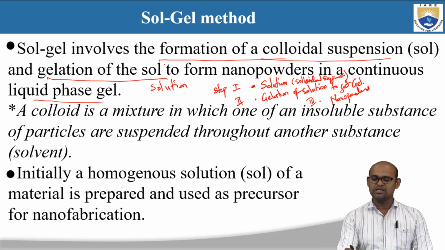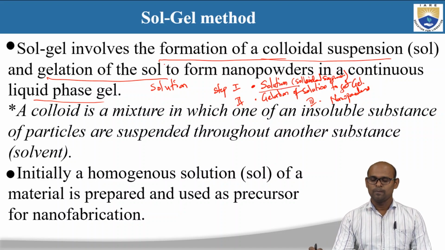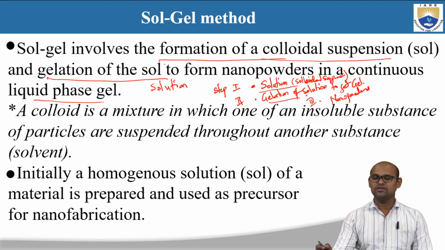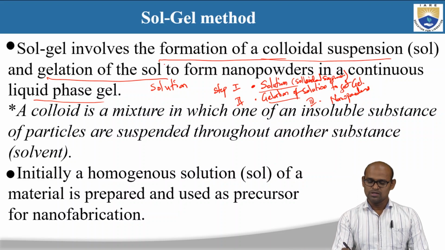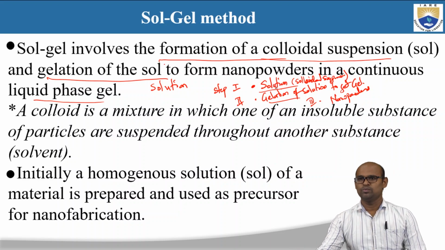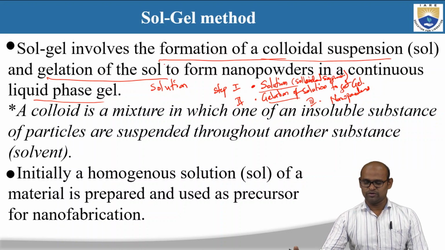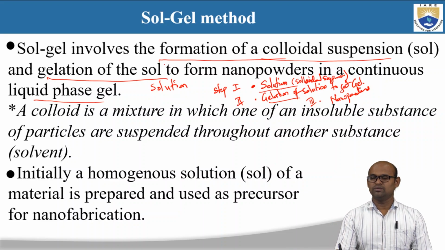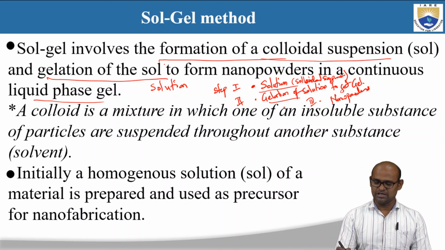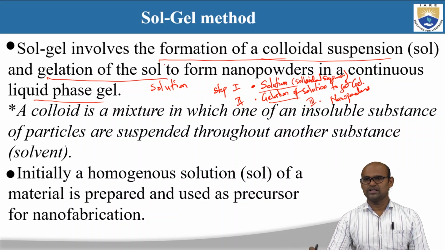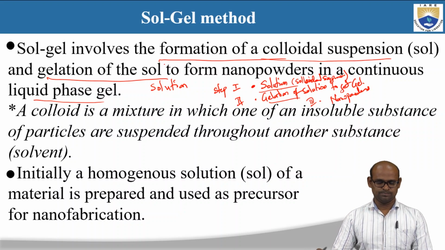The second step is waiting for the formation of the gel. The time we need to wait to form a gel is called gelation time, and finally we get nanopowders from this gel.